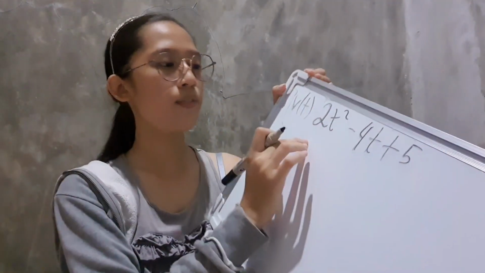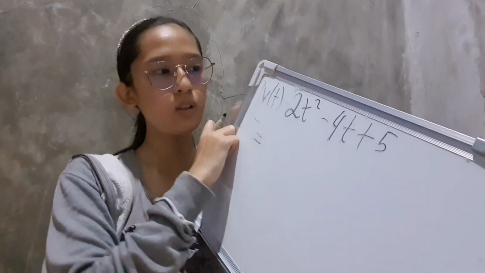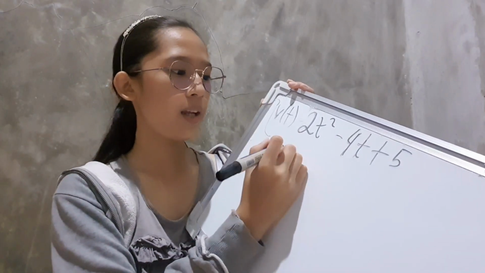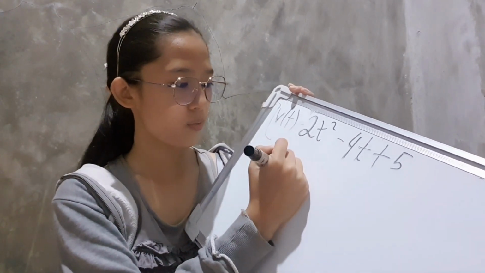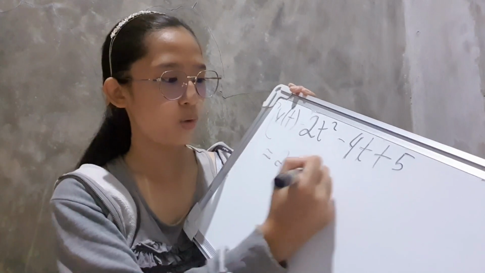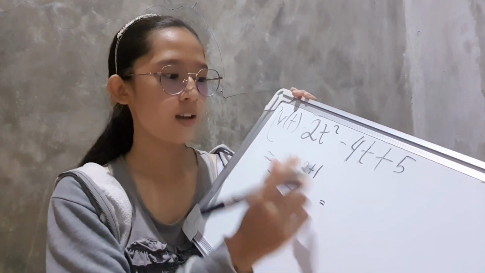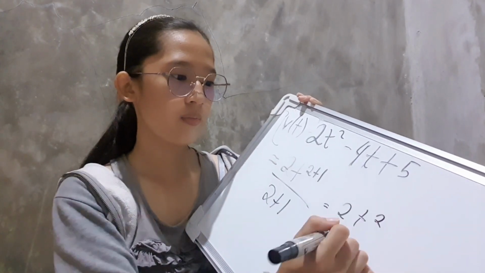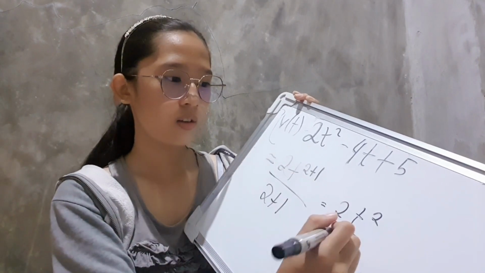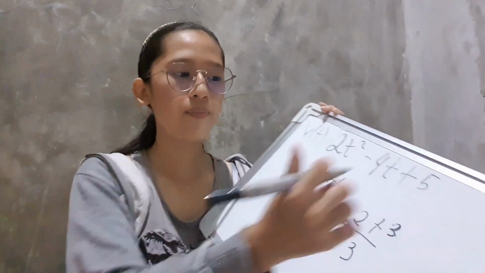So what we're going to do is first find the antiderivative of the first term, which is 2t squared. So 2t to the power of 2 plus 1 over 2 plus 1 is basically equal to 2t cubed over 3.